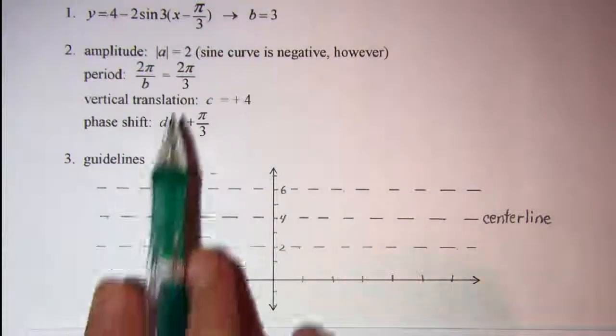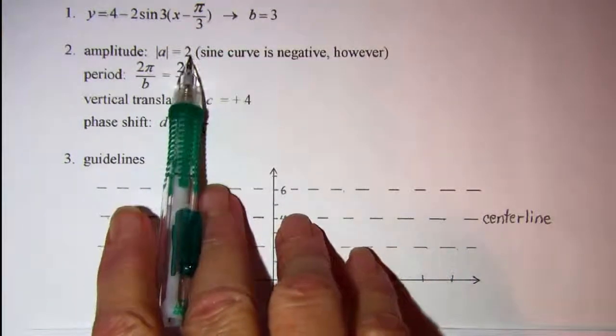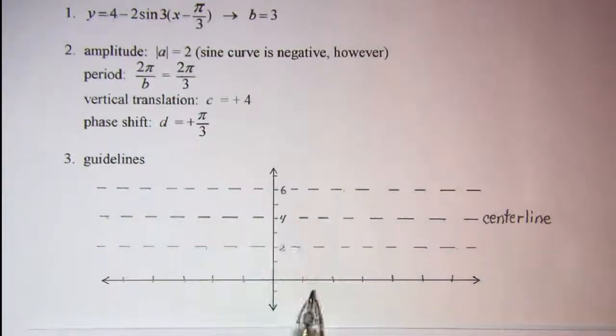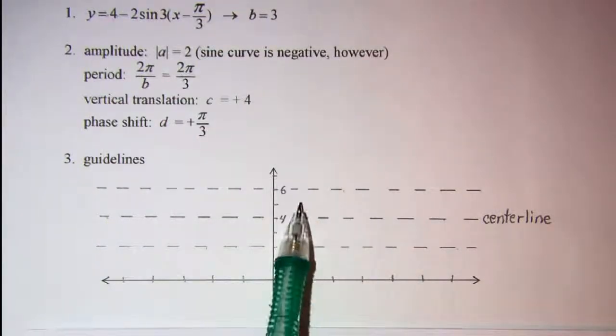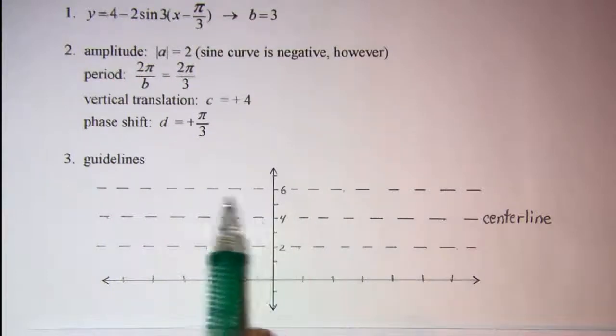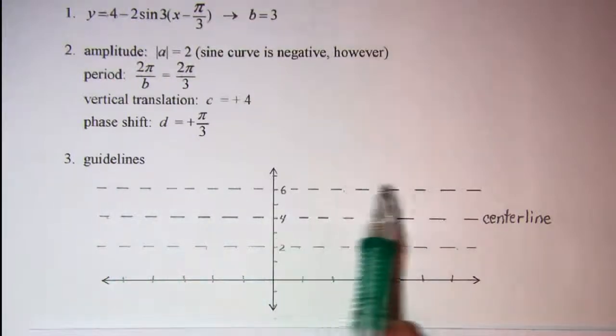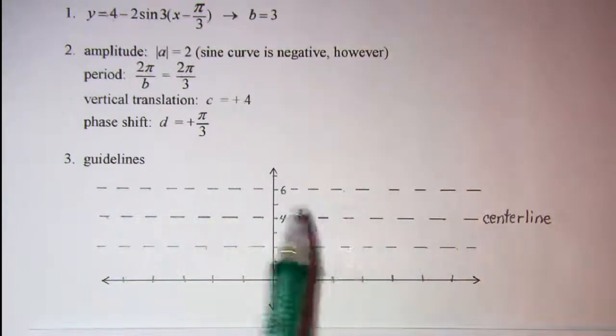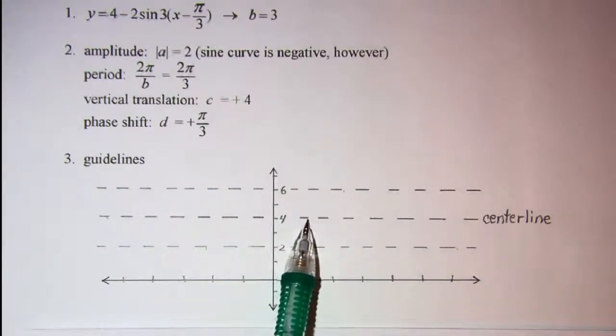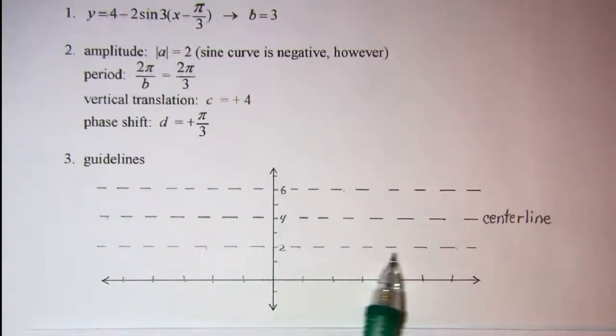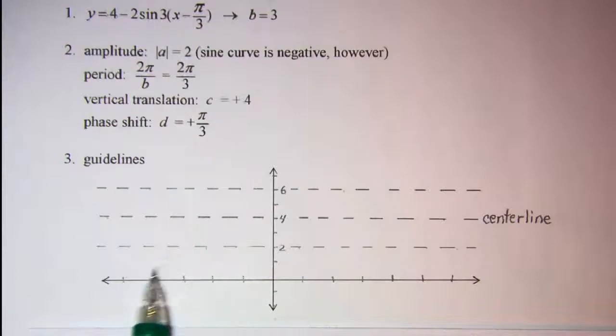Then our amplitude is 2, so from our center line we're going to go up 2, and that'll be where the maximum points hit. And then from our center line we go down 2, and this guideline is for our minimum points.